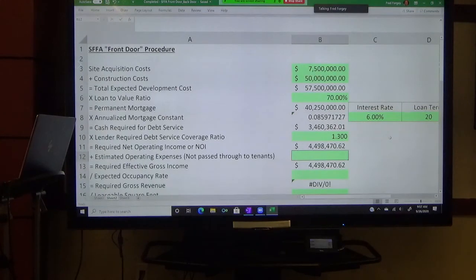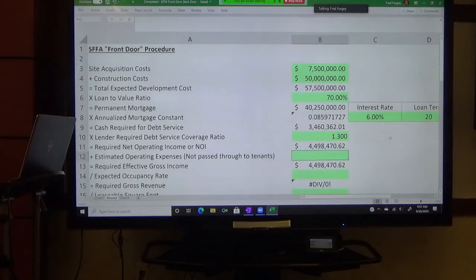If you have the predominant property owner in a particular city that for whatever reason had a proclivity to give out gross leases, many of those leases are still going to be gross leases, okay? Whereas in other parts of the country, the same could be true for net leases.